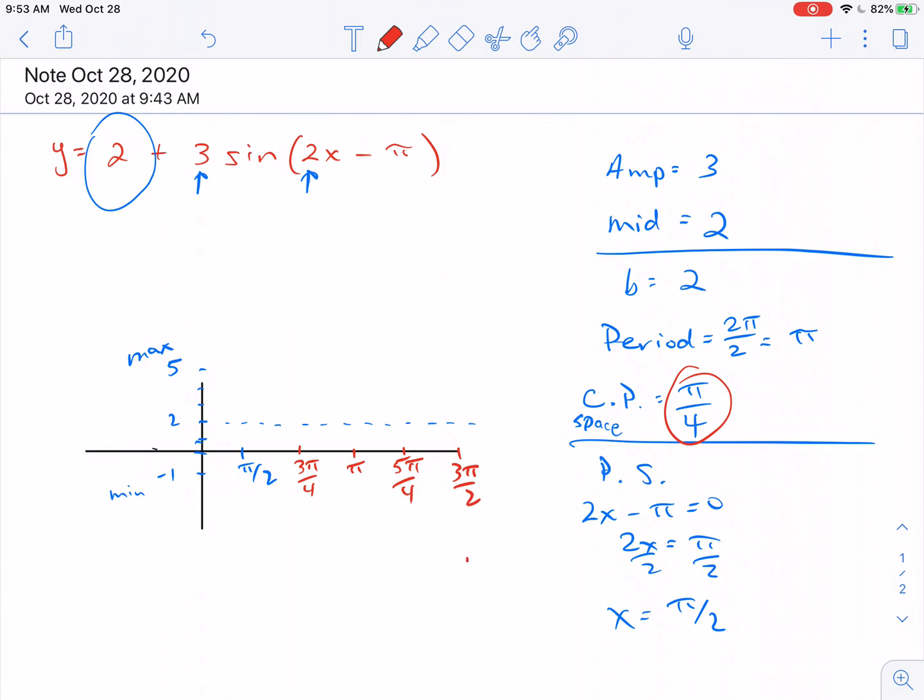Now remember, this is my last critical value. That one is my first. So anytime you do the last minus the first, 3 pi over 2 minus pi over 2 is 2 pi over 2, which reduces to pi. You should end up with the period of the function whenever you do last minus first.